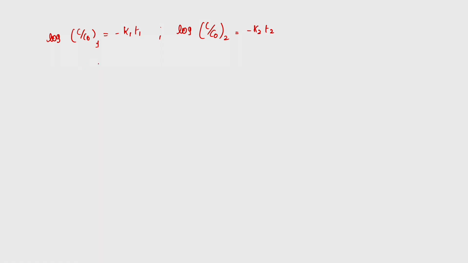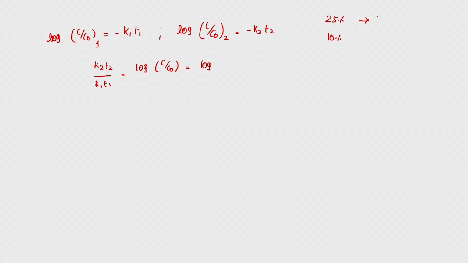So if you take this one, K2 T2 upon K1 T1 is nothing but log of C upon C0, which is nothing but log of what we told is 25% destruction, and another one what they have given is 10%, right.